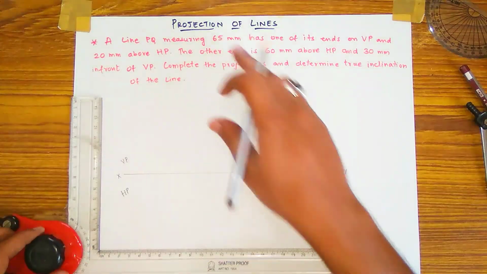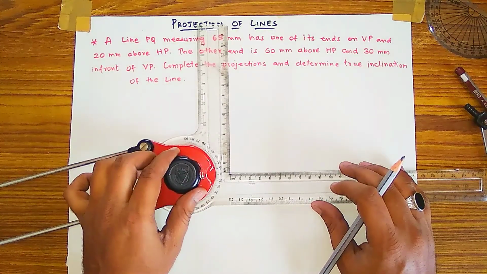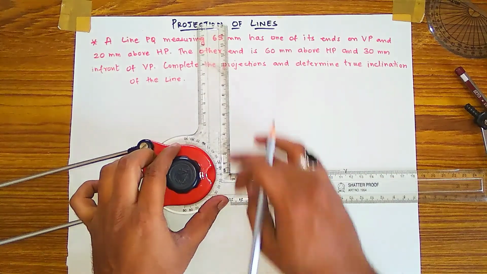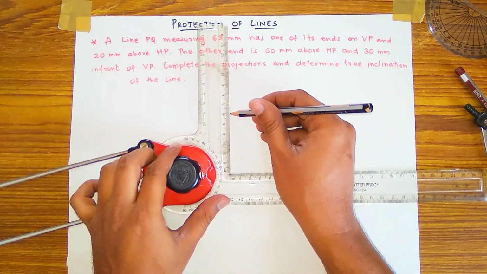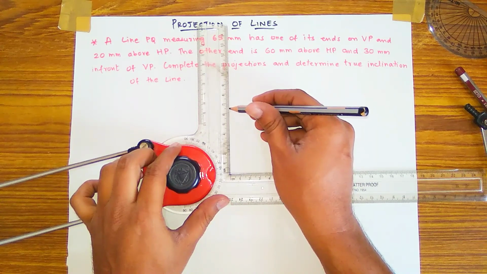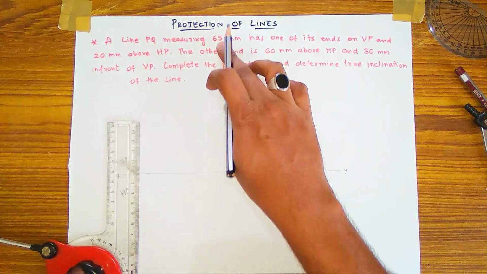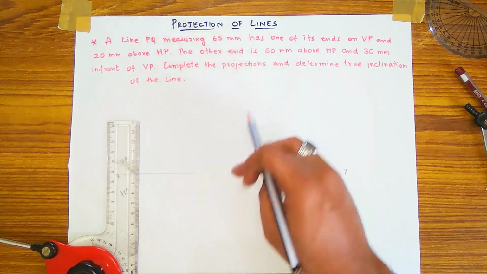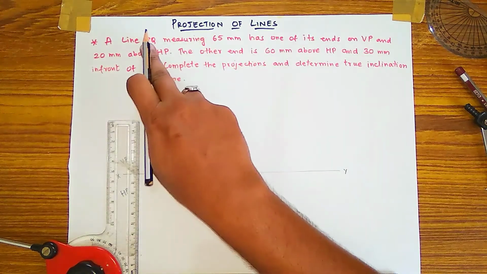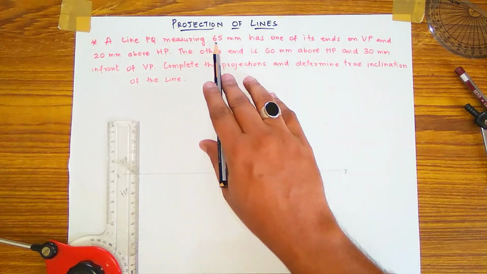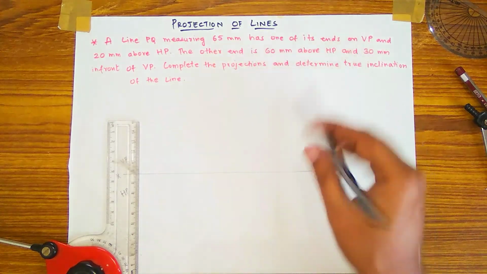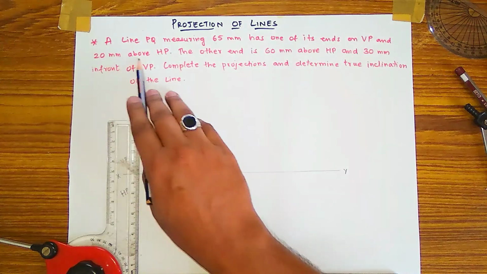Don't be confused that he has given a distance. It is a PQ line of 65 mm, one of its ends is on VP and 20 mm above HP.